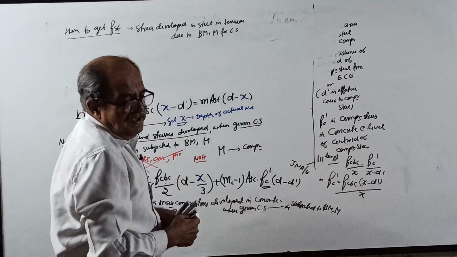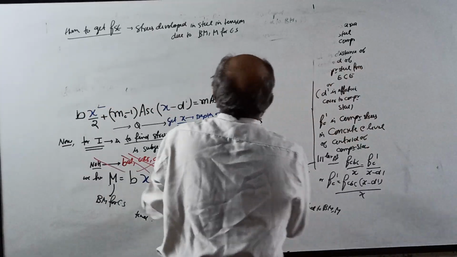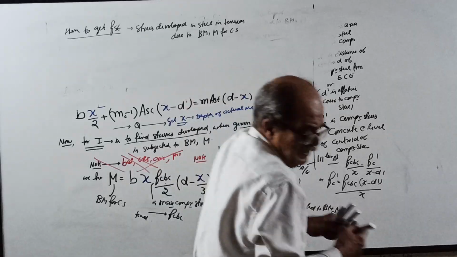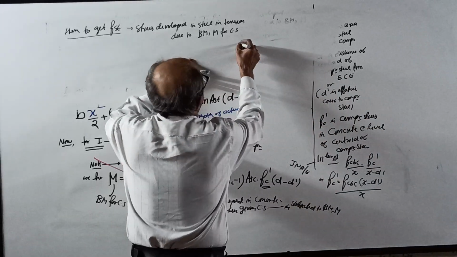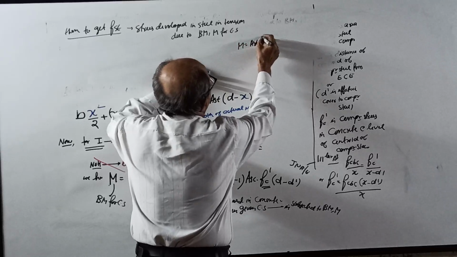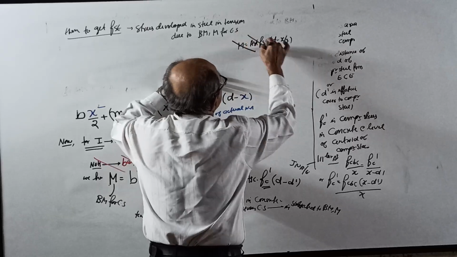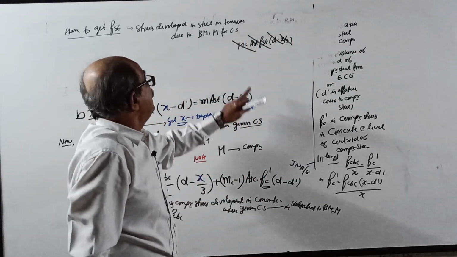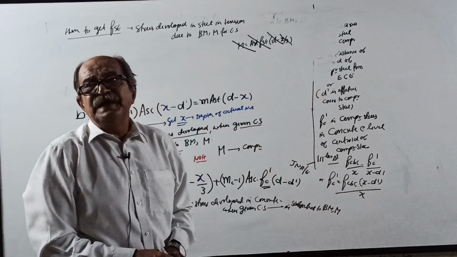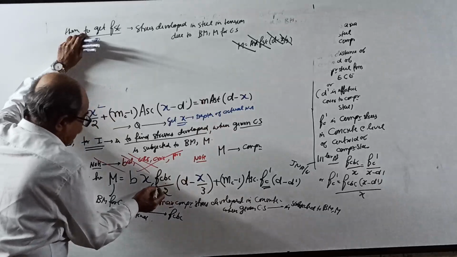If it is singly reinforced, we have expression M equal to AST FST into D minus X by 3. No, this is not applicable. The expression for M in terms of tension is little complicated. So first you find FCBC.